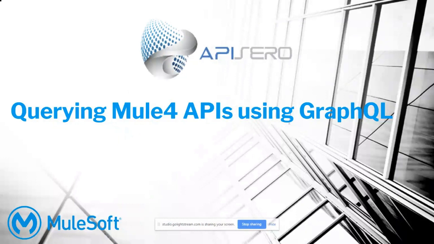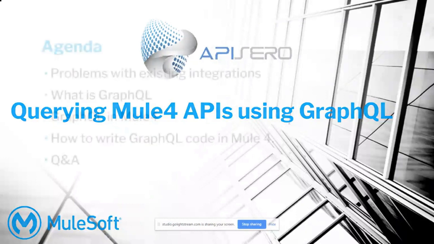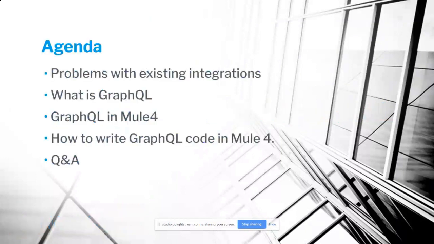So I'll start my presentation. The agenda today is, we'll see what are the problems that we have with existing technologies or existing types of integrations that we do, all the API led connectivity. There will be typical use cases wherein we will have issues, a lot of data being consumed, a lot of connectivity issues, many multiple API hits for just simple things.